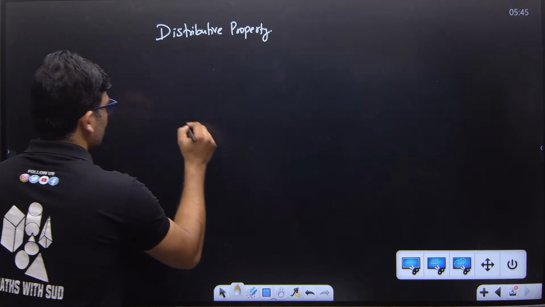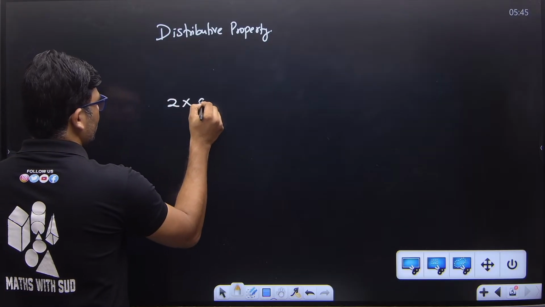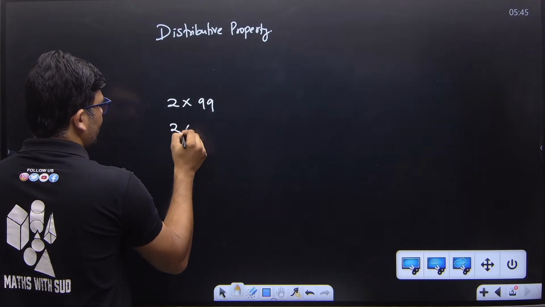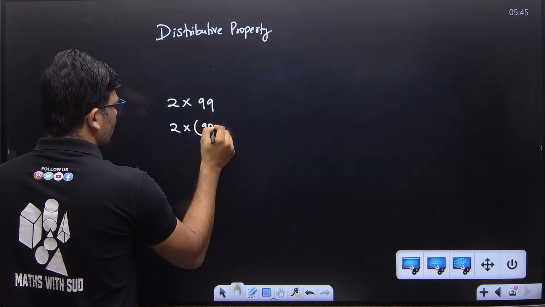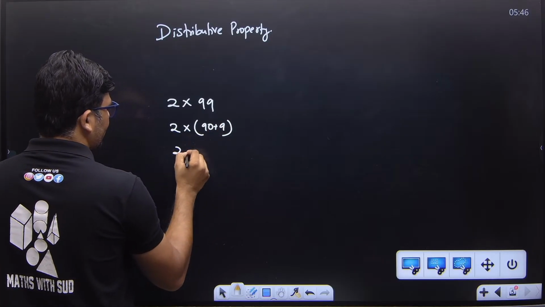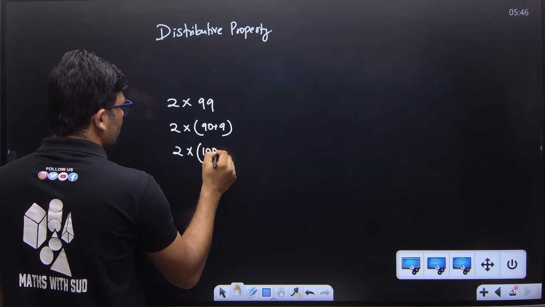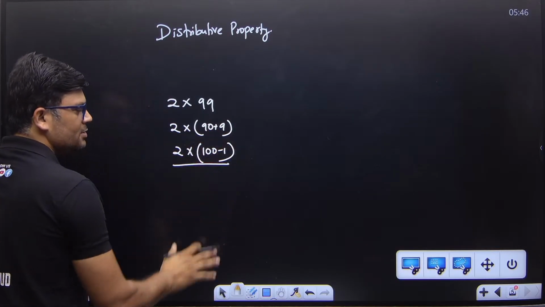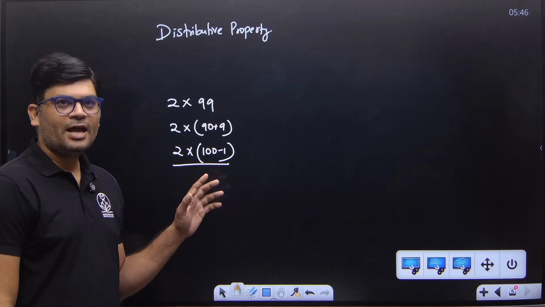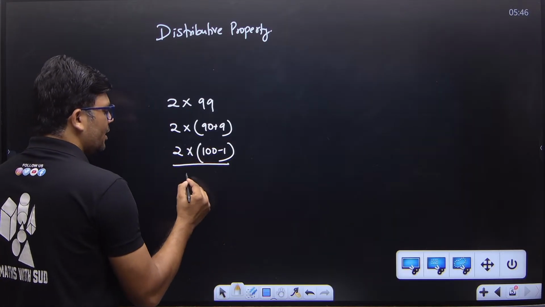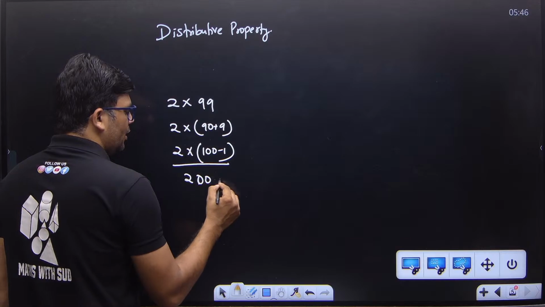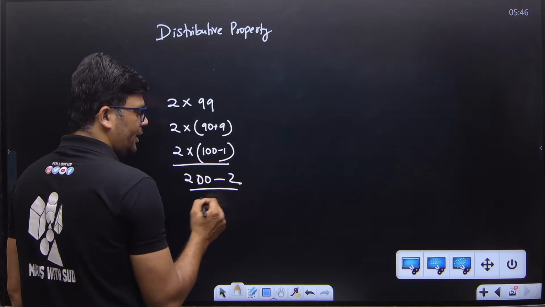So if I say 2 into 99, it can be written as 2 into 90 plus 9. It can also be written as 2 into 100 minus 1. Are you getting this? So first 2 is multiplied by 100 and then 2 is multiplied by 1, right?